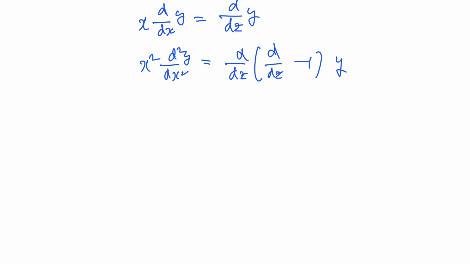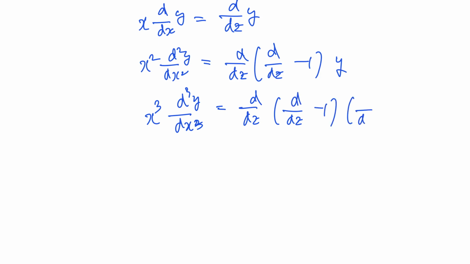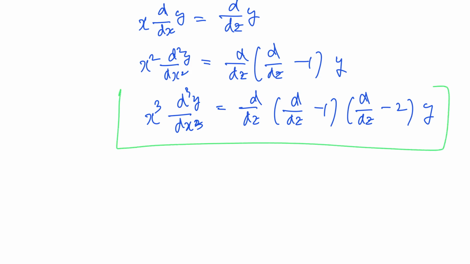We can continue this. x cubed d cubed y/dx cubed is actually d/dz (d/dz minus 1)(d/dz minus 2) y. I'd like to put this as homework. You can try to check at home. You just differentiate once more, then you obtain this, right? I think it will take about 5 minutes to show that. And it could possibly be the next quiz problem.